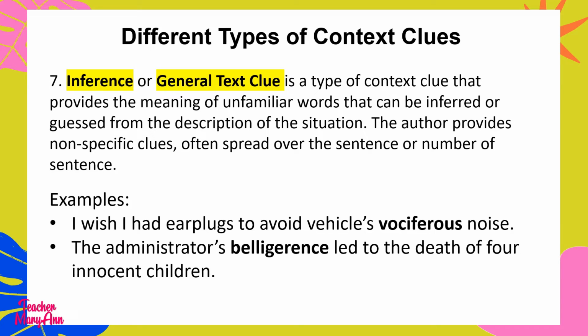Why do you think the author wished he had earplugs? What kind of noise is vociferous? Okay, so with that situation, we can infer that vociferous means a loud sound or a loud noise.